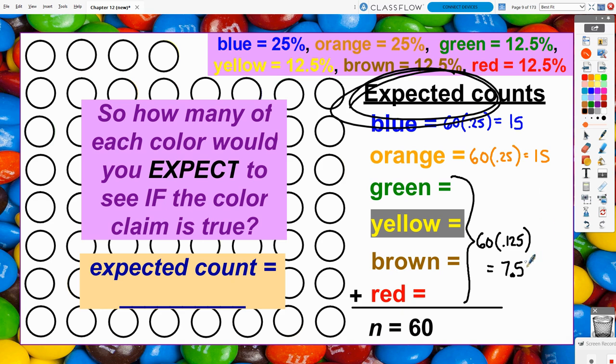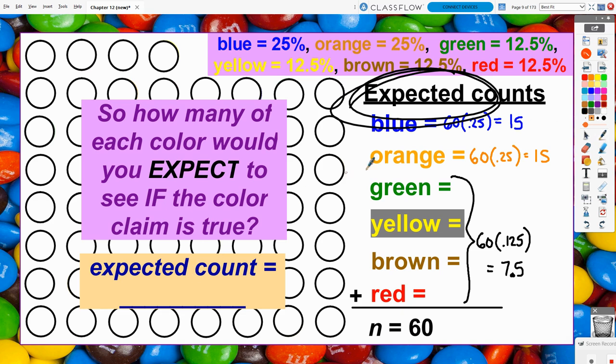So if you ever get a decimal value for an expected count, and you do have to calculate these expected counts because we're going to need them to calculate the overall chi-square test statistic in the end of this problem, just go ahead and round it to 1 or 2 decimal places. There really isn't a specific number of decimal places to round to. So I would typically just do 1. If you're feeling crazy, do 2.